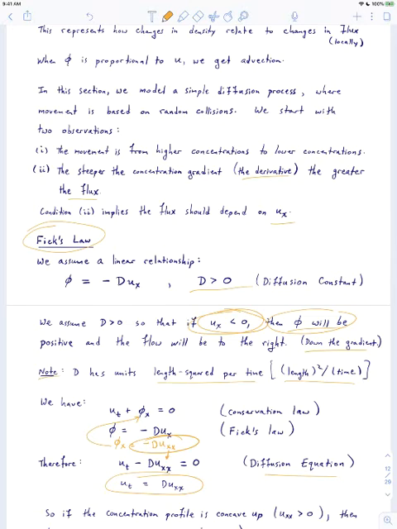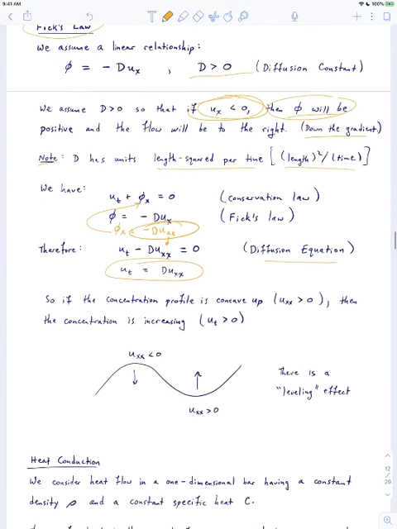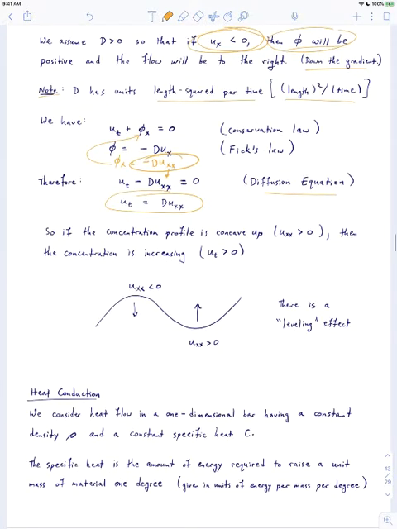So if the concentration profile is concave up, what does that mean? It means that the second derivative with respect to x is positive, so you have an image that looks like this. The image is concave up. The second derivative is positive.